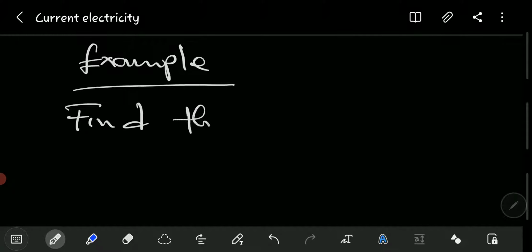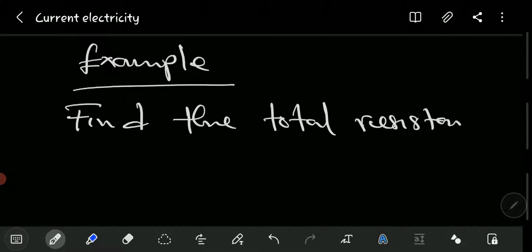Maybe another quick example. For this one it will just be: find the total resistance of the following.